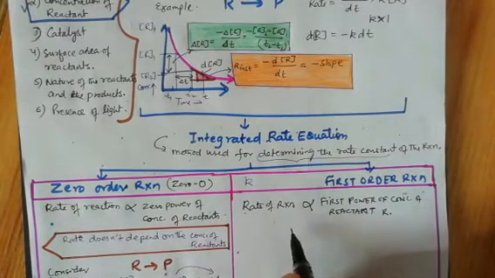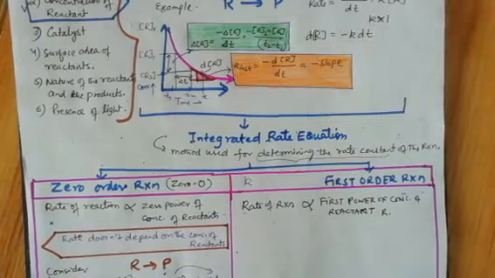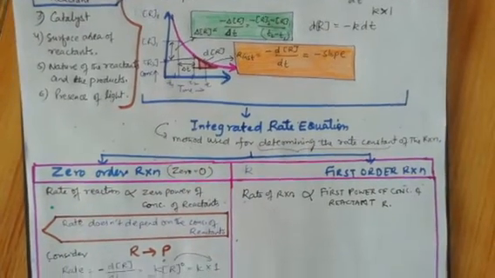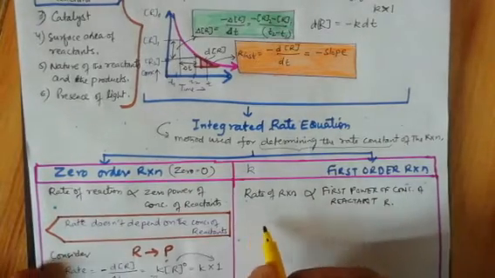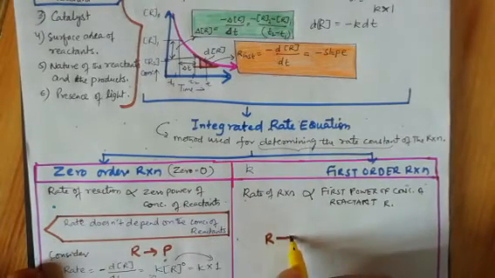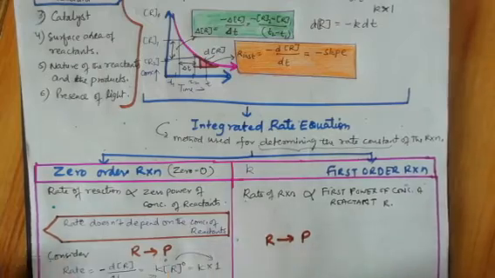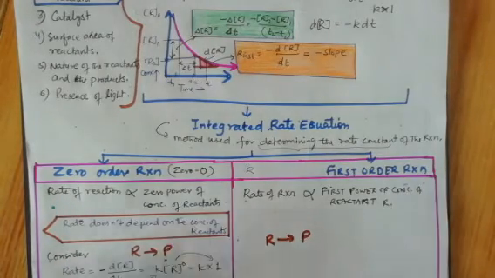Okay, so let's take an example. For a reaction, suppose R changes into P, then what will be the differential rate?